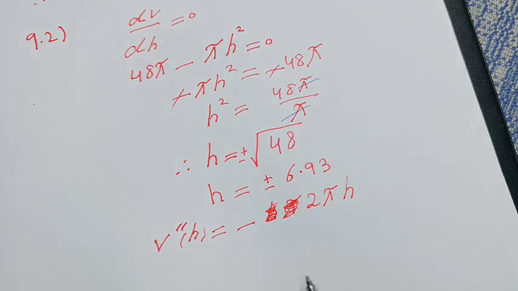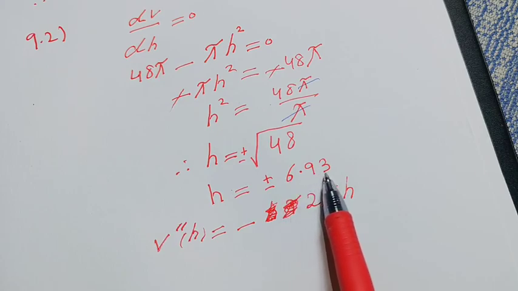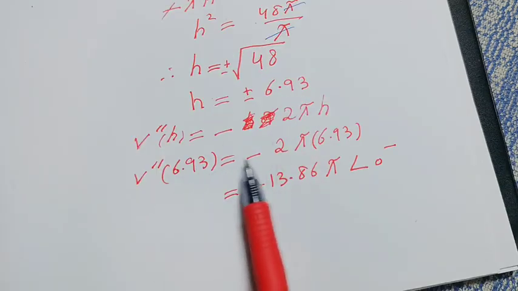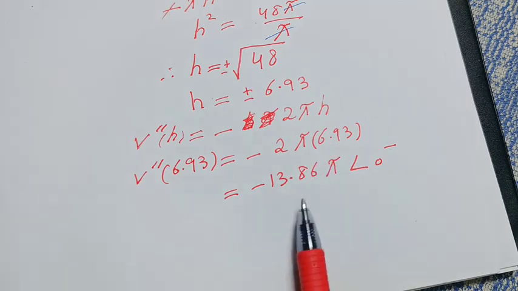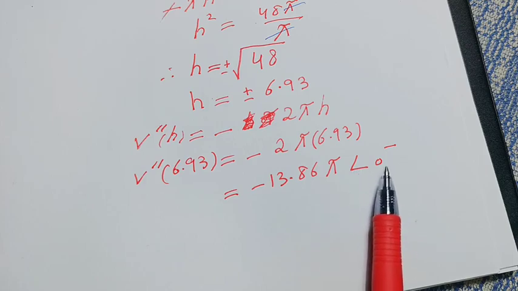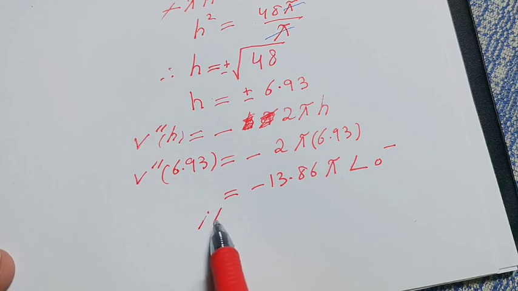So this is my second derivative, negative 2 pi h. Now I need to substitute positive 6.93 into this equation. Substituting positive 6.93 in place of h, the answer is negative 13.86 pi, which is less than 0, which means it is negative. So it's a maximum point.